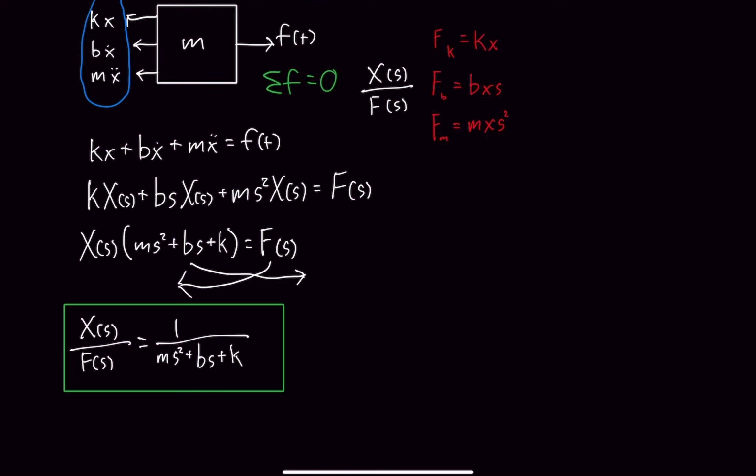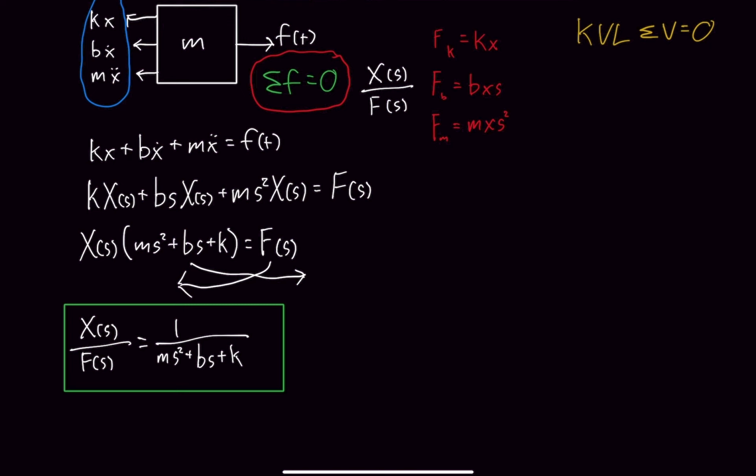Okay, we used that the sum of all forces is equal to 0. So for an electrical equivalent, let's do KVL, where the sum of all voltages is equal to 0. So now let's find our voltages that we need.